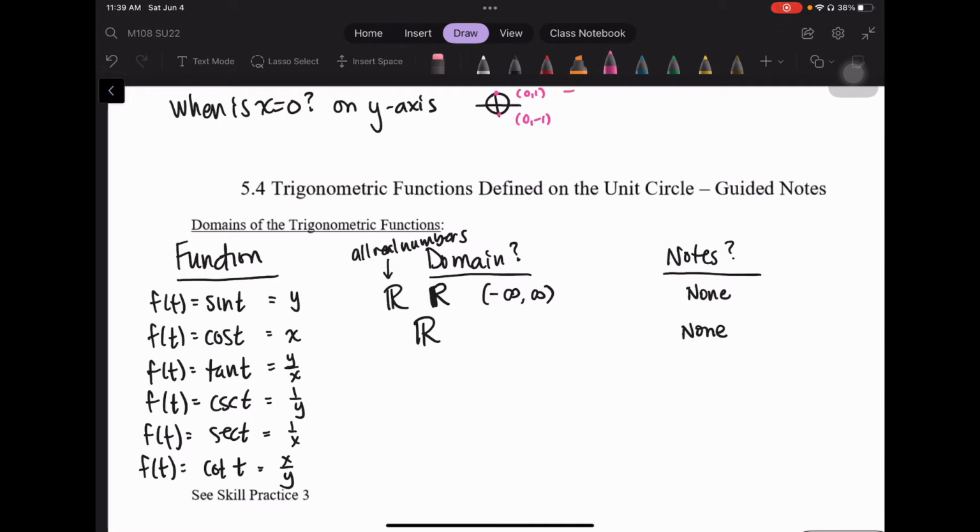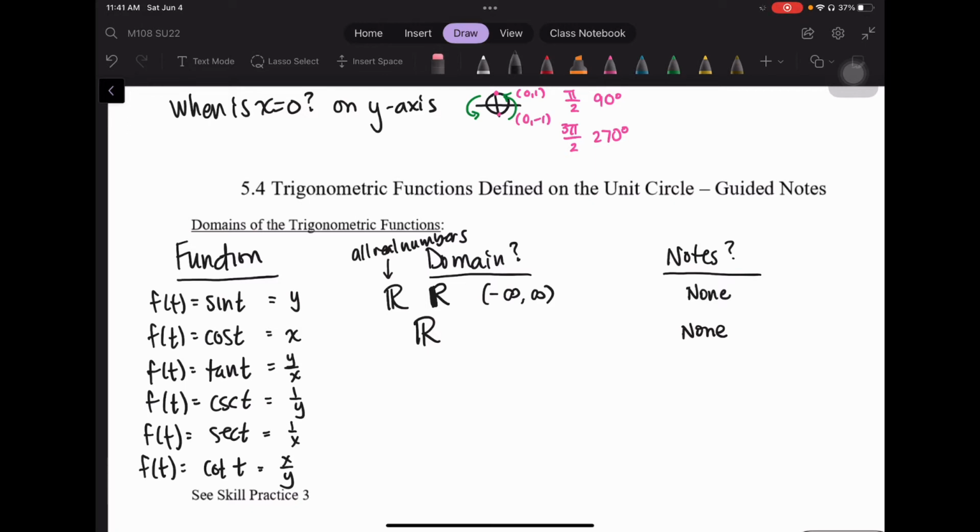That is pi over 2, or 90 degrees, and that is 3 pi over 2, or 270 degrees. So notice that's off by 180 degrees. So every time I add pi to pi over 2, I'm going to get some 0. Every rotation here that I go through is going to cause a problem.